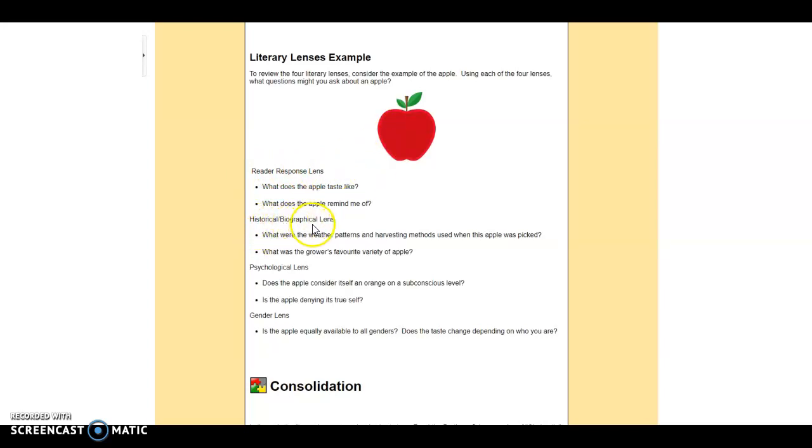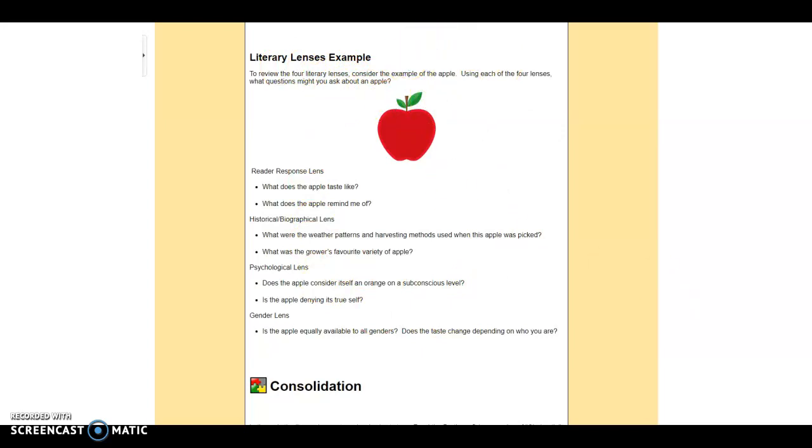What would the historical biographical lens ask about the apple? The psychological lens and the gender lens. What questions would they ask about an apple? I know an apple is kind of a silly object to choose, but it's just hopefully a very simplistic way of applying the lenses for the first time as an example.